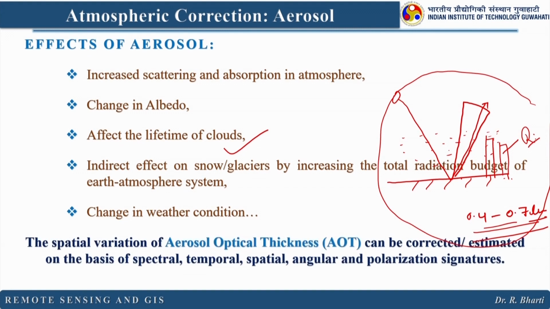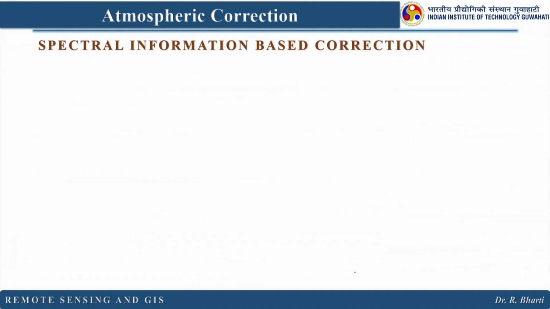Now, the spatial variation of aerosol optical thickness can be corrected or estimated on the basis of spectral, temporal, spatial, angular and polarization signature, which we will now see. So, let us start with spectral information based correction, where we have the dark target method.